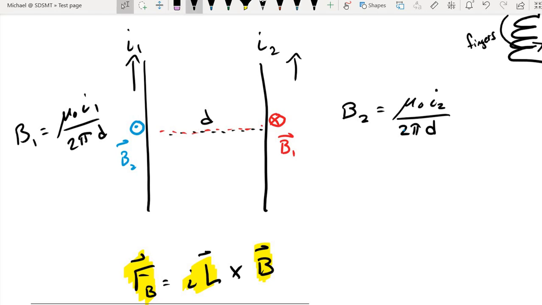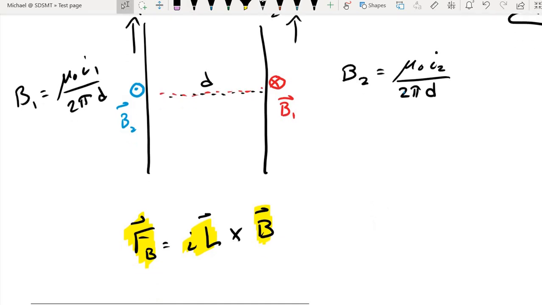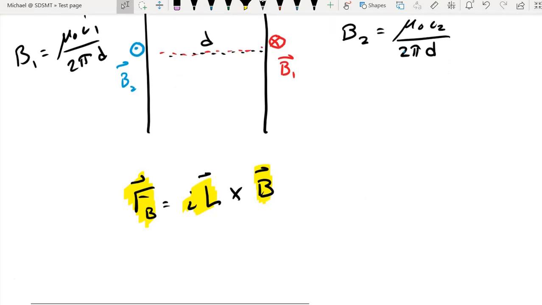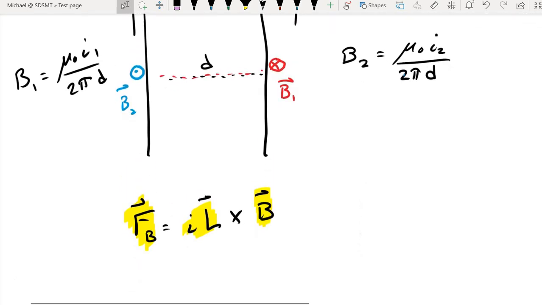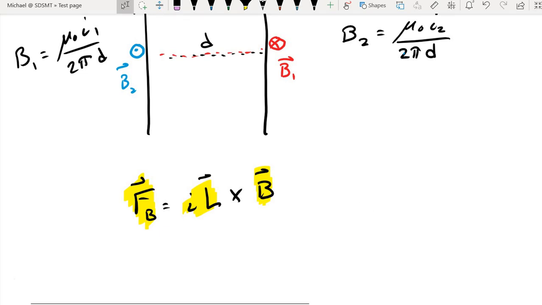So what we need to do is figure out the respective magnitudes and directions of the forces acting on these two wires. And first things first, let's figure out the direction of these forces.